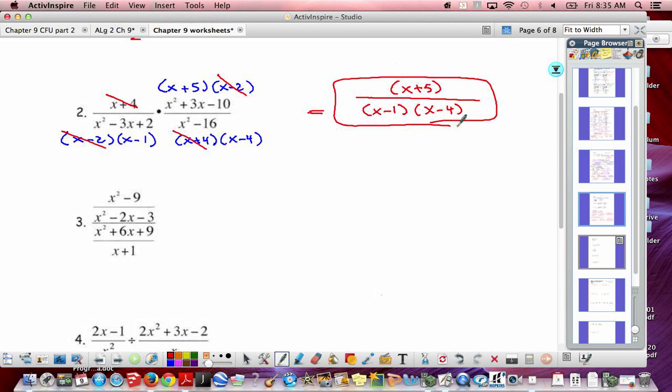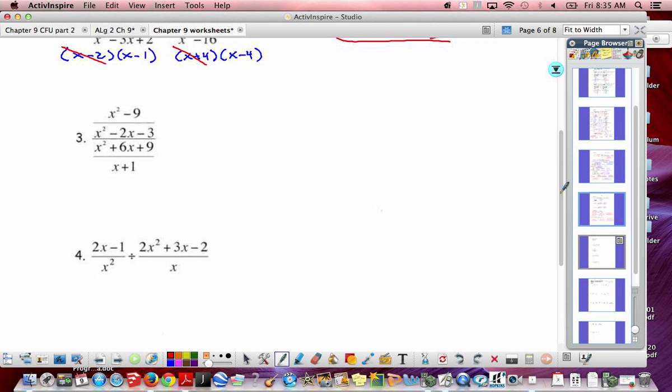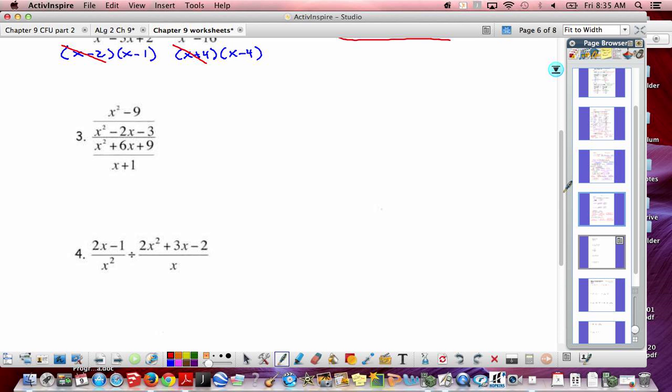Alright, number 3. We got a division. So what I do is I just take the first fraction, and factor it. So I have x plus 3 times x minus 3 in the top because it's a difference of perfect squares. The bottom, factors of negative 3 that add to negative 2, minus 3 plus 1.